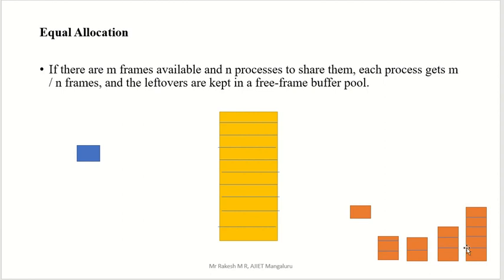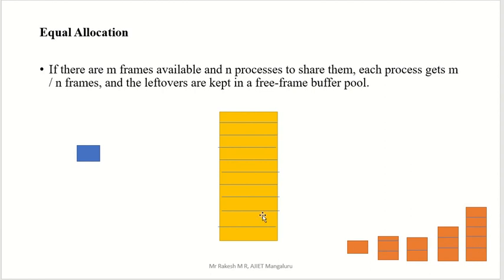Okay. Another one, see the last one, this one. Here how many? 1, 2, 3, 4, 5. 5 pages are there. The process is divided into 5 pages. By using equal allocation, how many frames are given to that process? 2 frames. 5 pages are there, but 2 frames are given. So which is the important page?